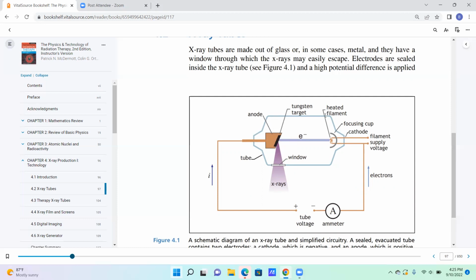Maybe they're stopped by this housing that is around the X-ray tube that's lined with lead. There are a whole number of things, but anything that will escape through this particular window is what's going to be usable. That's what we can use in order to take pictures of something else.